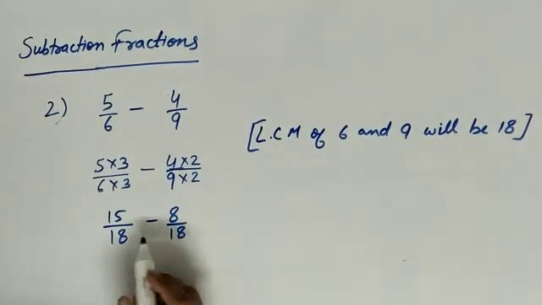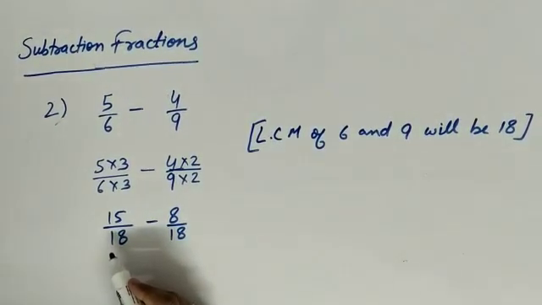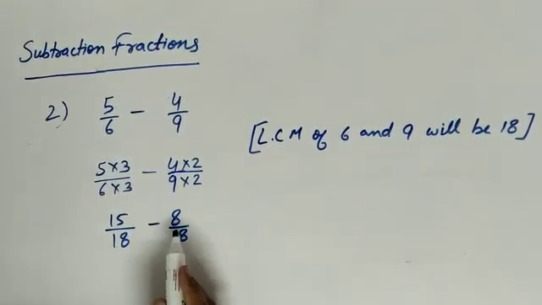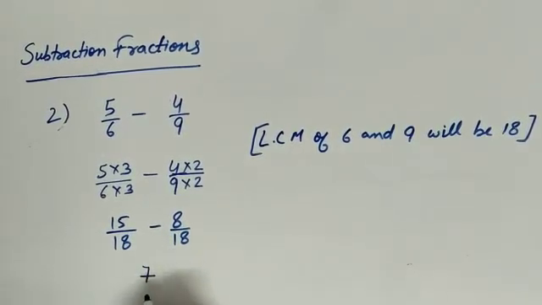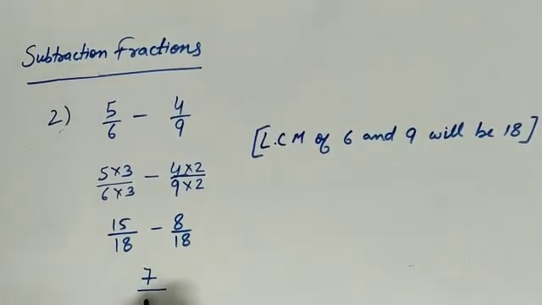So our denominators are the same. Now we subtract the numerators. If we subtract 8 from 15, what will we get? The result is 7. So our result is 7 out of 18.